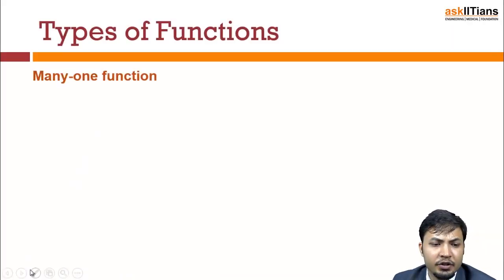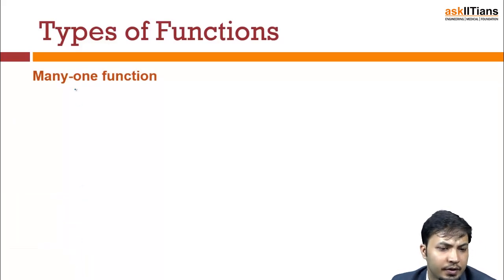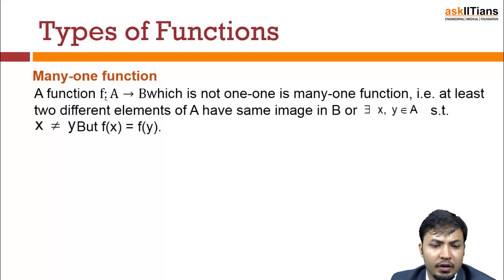Now, next we have the many one function. Unlike the previous functions, the many one function is defined so that a function f from A to B which is not one-one is a many one function. That is, in the pool of all the functions, if it is not one-one then it becomes a many one function.